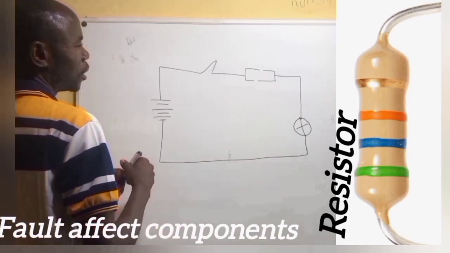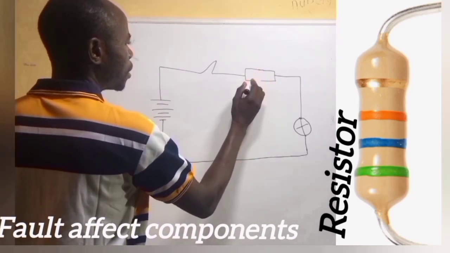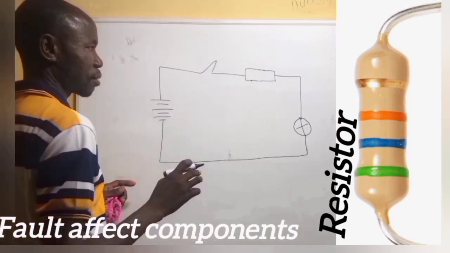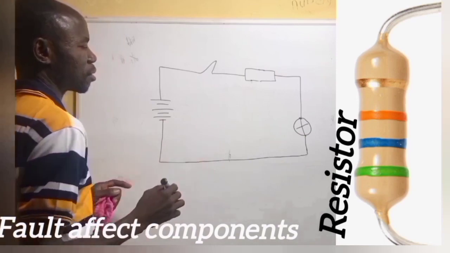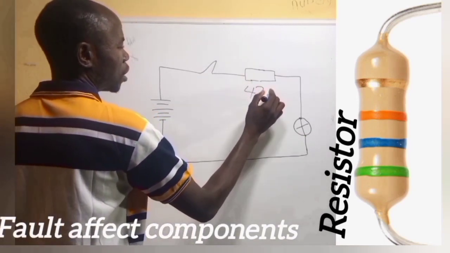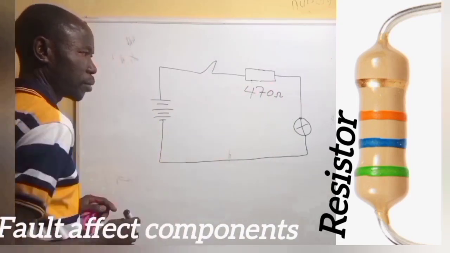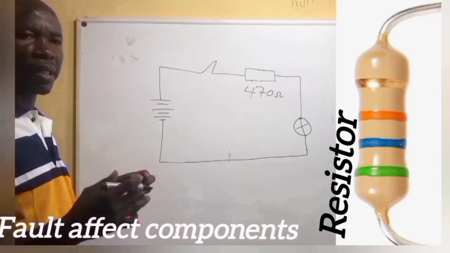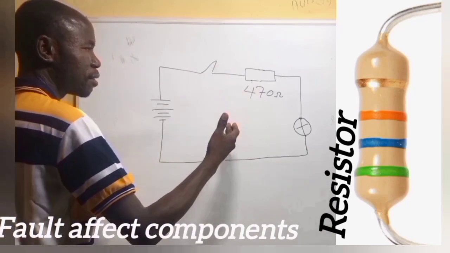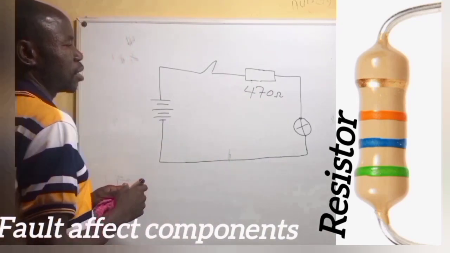Okay, the resistor can also increase or decrease in resistance. Maybe this resistor is 470 ohms, which is yellow, violet, brown. If the resistor becomes faulty, it can be either an increase or a decrease in resistance.